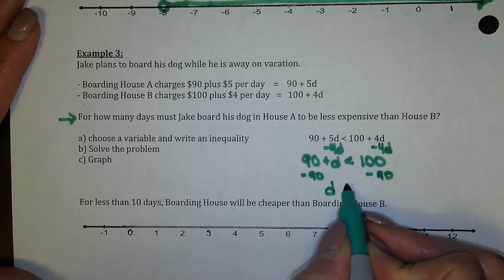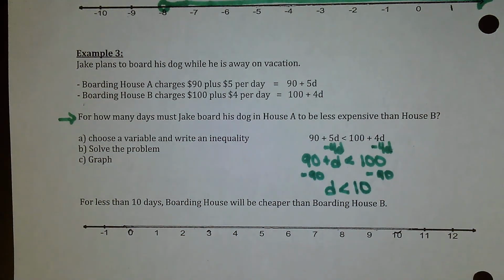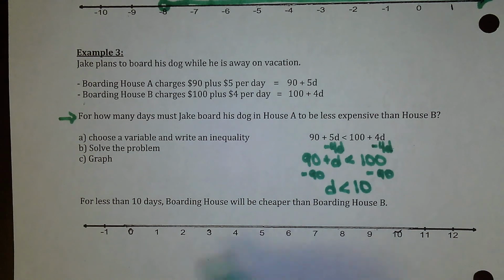That leaves me with D is less than 10. So in order for things to be cheaper with boarding house A, Jake would have to have his dog there for less than 10 days, so 9 days or less.